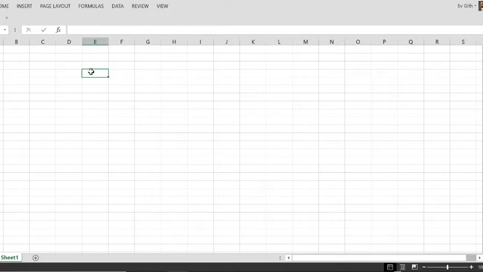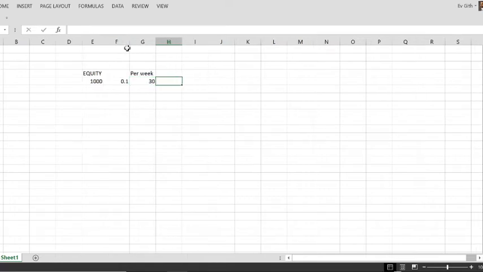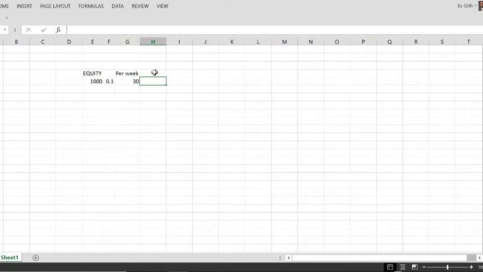Let's assume I start with an equity of $1,000 and a volume of 0.1, and per week I target 30 pips. Per month will be times 4.